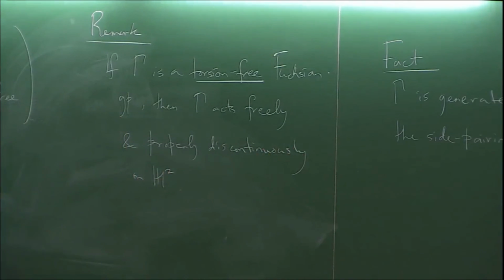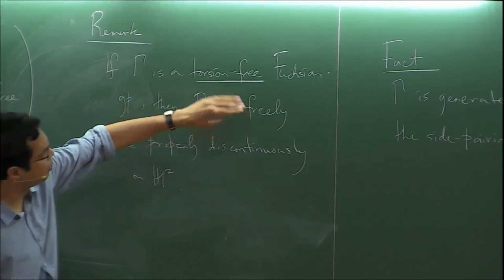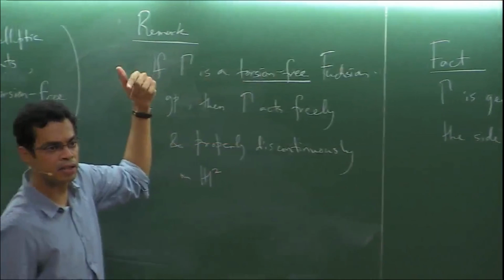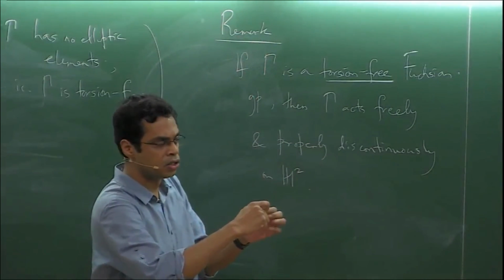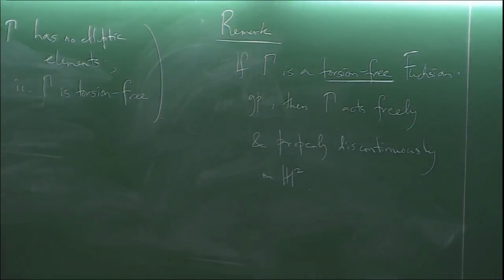Once again, it acts freely because there are no elliptic elements, so there's no element that fixes a point. So when gamma acts on H2, every element of gamma moves all points.